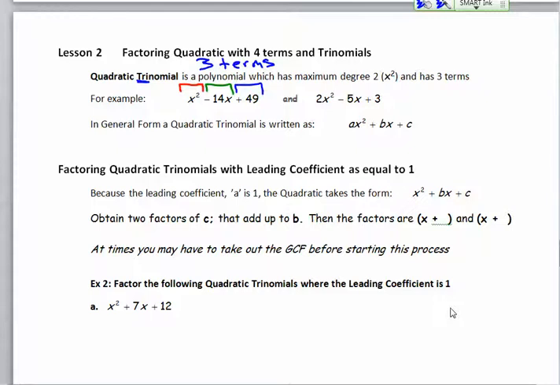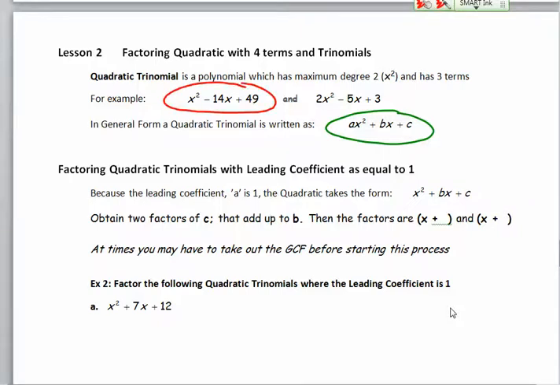All right? So factoring these, the basic form looks like this: ax squared plus bx plus c, except a, b, and c are going to be numbers. They're going to be the coefficients of the variables. So if I look at this trinomial, my a is going to be equal to 1 because it's 1x squared.